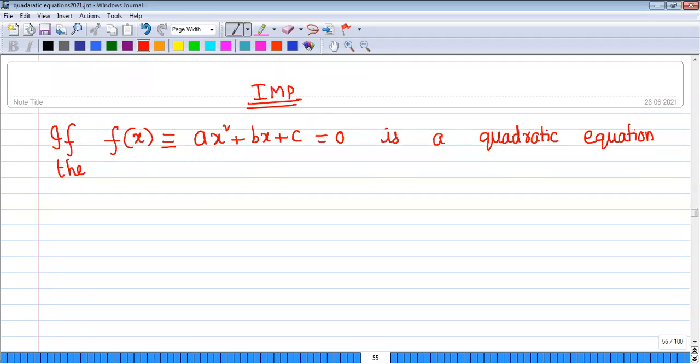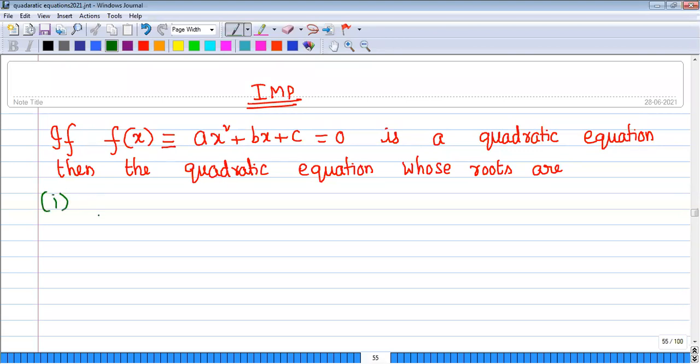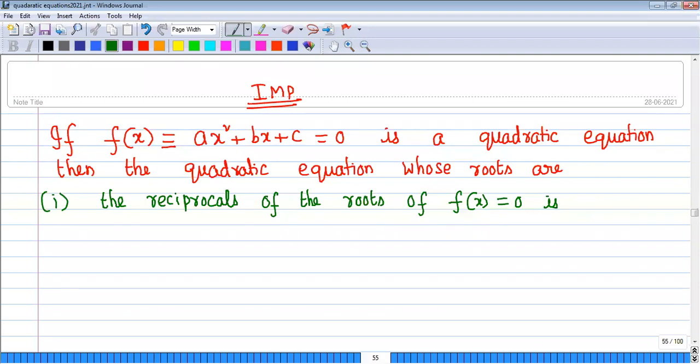Then the quadratic equation whose roots are, in that first point, the reciprocals of the roots of f of x equals 0 is, so that means if alpha, beta are the roots of ax square plus bx plus c is equal to 0, then the quadratic equation formed by the roots 1 by alpha, 1 by beta.